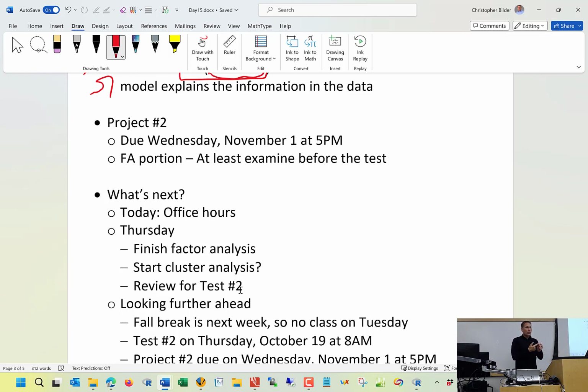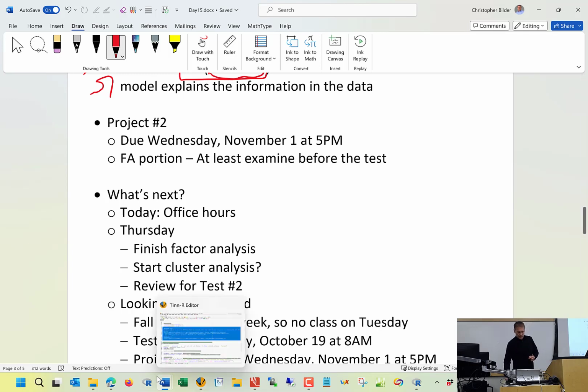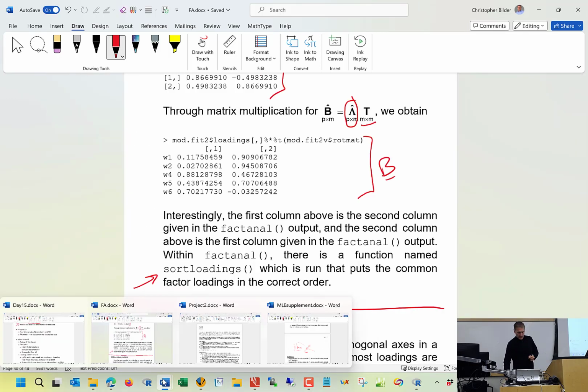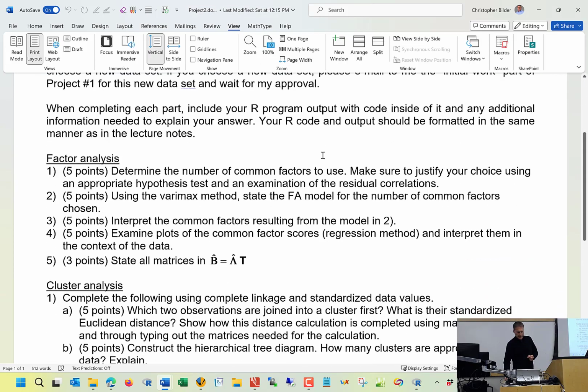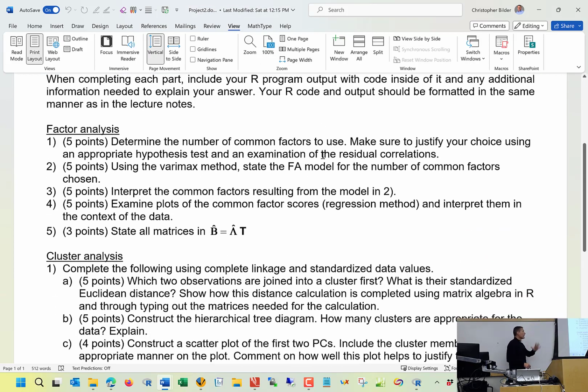So, what I recommend is that you take a look at project number 2 here and only focus on the factor analysis part for now. You have 5 problems there. This is what I think is important about factor analysis for you to know for the test.